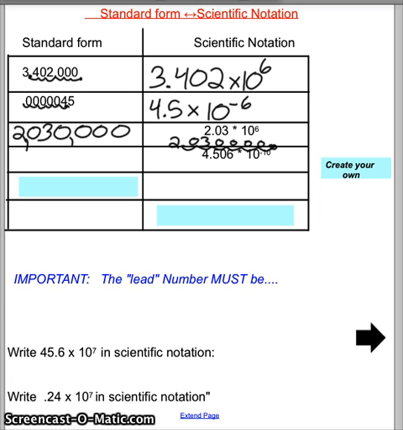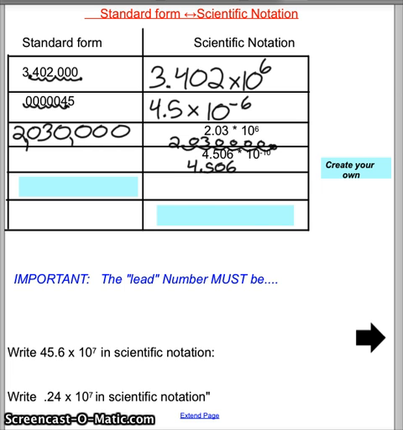Are we looking at our next one? Again, our starting point is 4.506. And now, times 10 to the negative 10. So again, this time notice our exponent is negative. So this time when we're shifting it over to create the standard form, we're going to be shifting it in the negative direction.